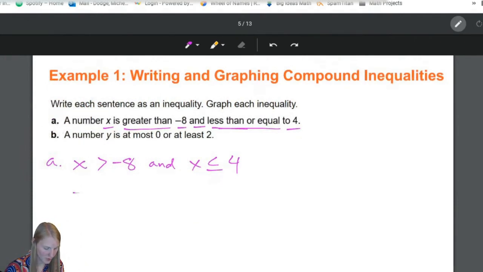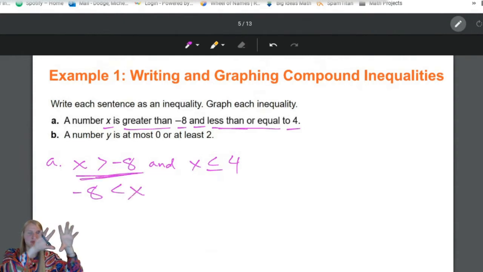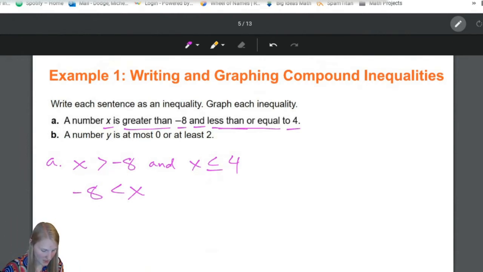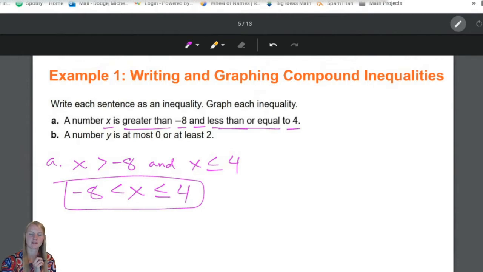So I'm gonna put -8, the smallest number, all the way over here. So x is bigger than -8. So I just took this inequality, I picked it up, and I turned it around. That's okay? All right. And x is less than or equal to 4. So see how I combined those two like that?